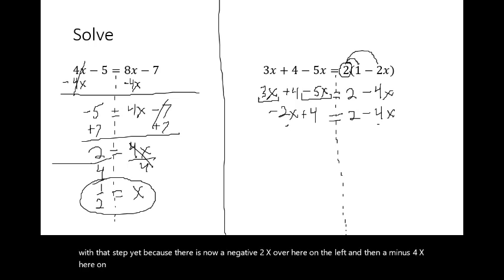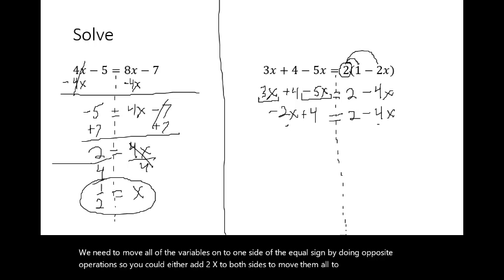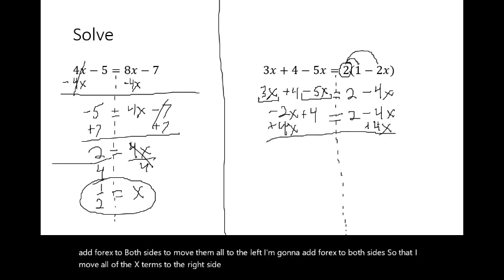So, because we have variables on opposite sides of the equal sign, we need to move all of the variables onto one side of the equal sign by doing opposite operations. So you could either add 2x to both sides to move them all to the right, or you could add 4x to both sides to move them all to the left. I'm going to add 4x to both sides so that I move all of the x terms to the right side of the equal sign.